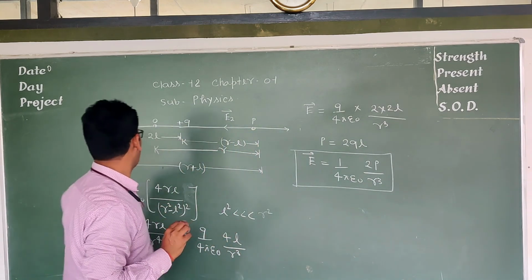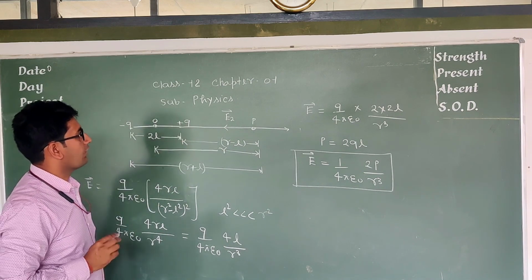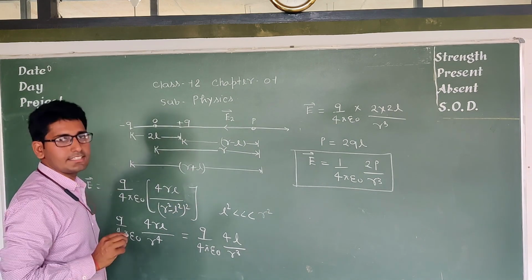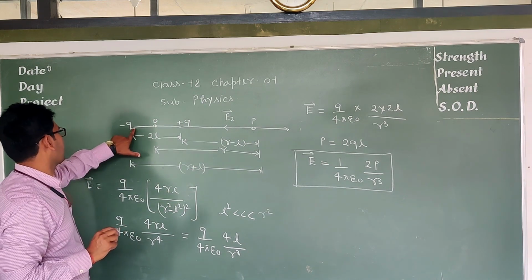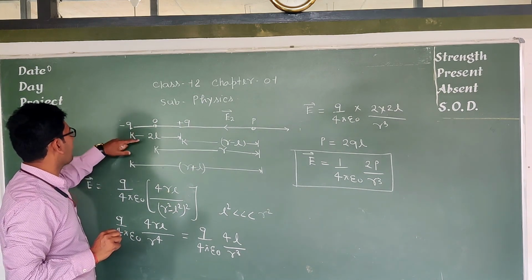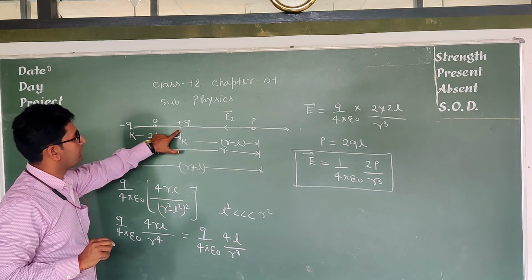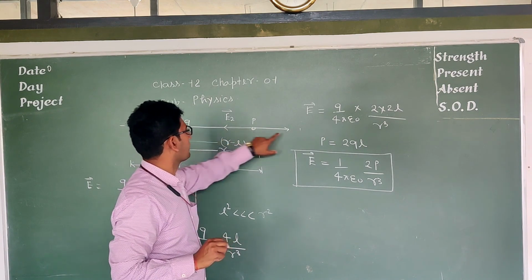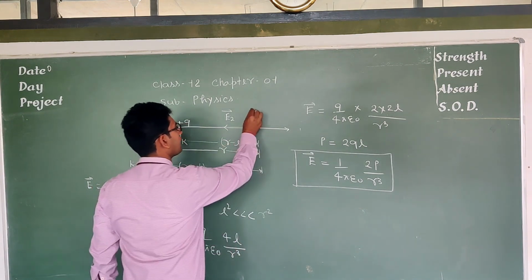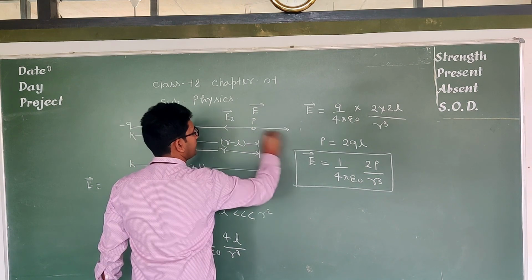Once again, what is the direction of electric field intensity in this case? Because we know that the direction of an electric dipole is always negative to positive, and the direction of the electric field is always in this direction.